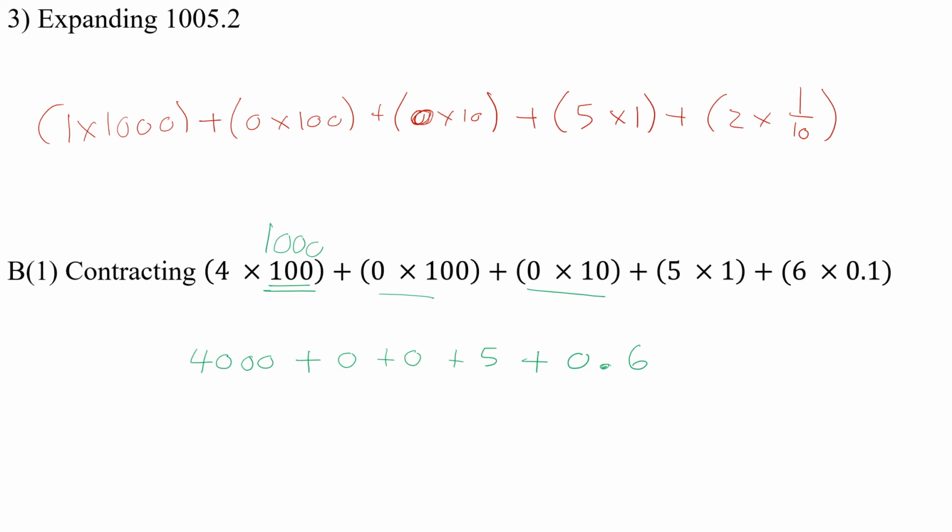I have to look back. But this one's supposed to give us 0.6. And when we add all this, we're supposed to get 4,005. I think the other one had a 2 somewhere. 4,005.6. This here is supposed to be our final answer.